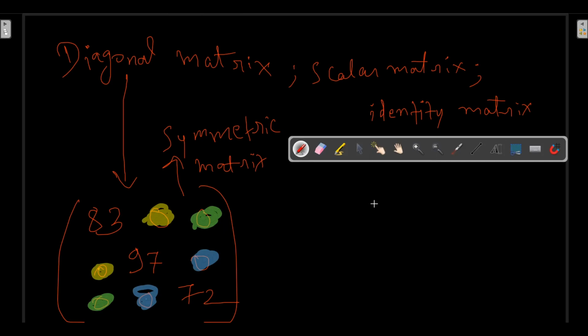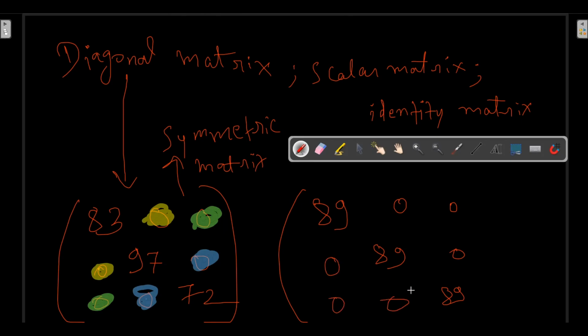Now let us take an example of scalar matrix. 8, 9, 0, 0, 0, 0, 0, 0. This is an example of scalar matrix. Now this is the principal diagonal.